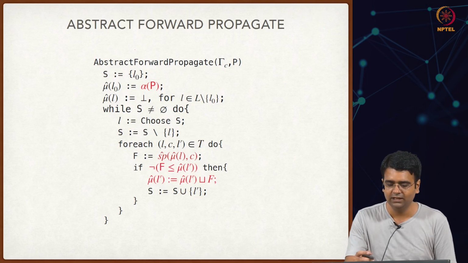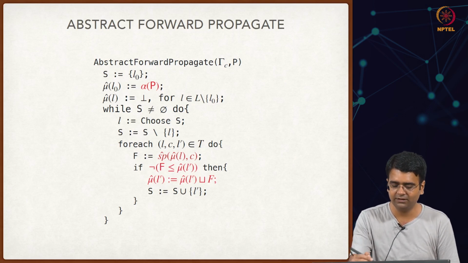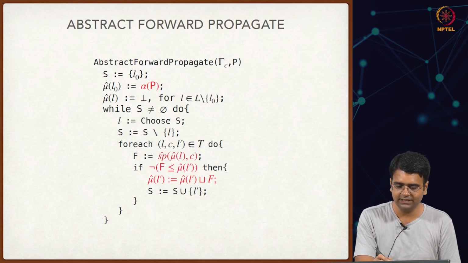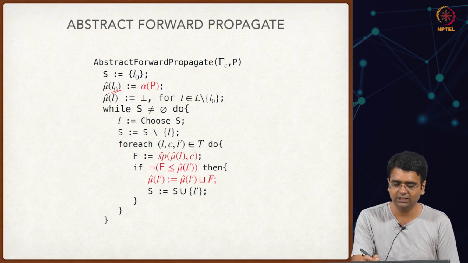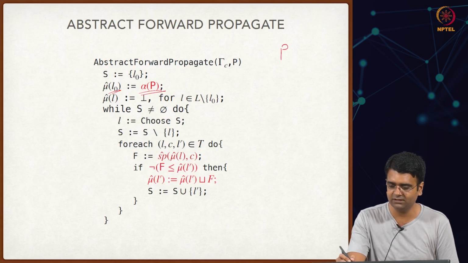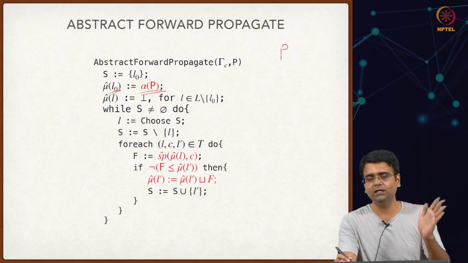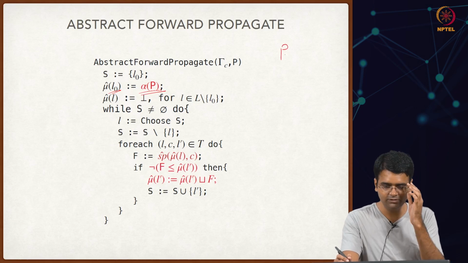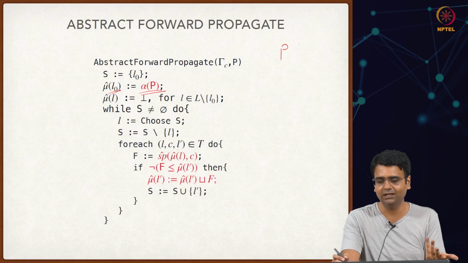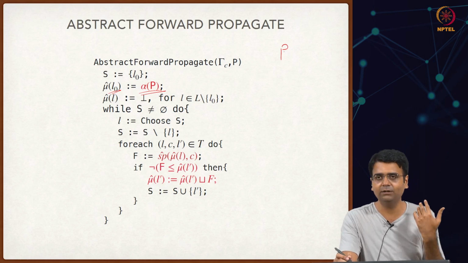Now, the changes that I have made, I have highlighted them in red. The first change is that at the location L0, this abstract inductive assertion map, which is mu hat, is going to be initialized with alpha of P. Remember, P is the set of program states at the start location L0, but P is some arbitrary formula, so we cannot express such an arbitrary formula.